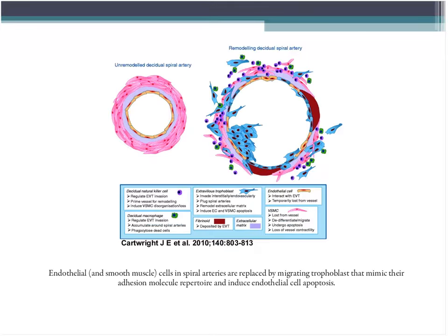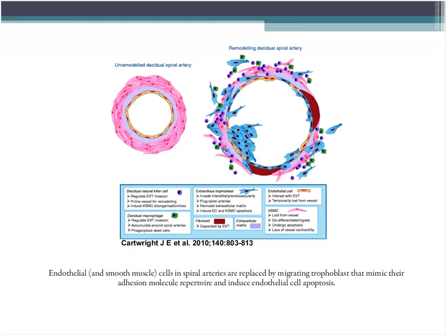So to just give you an idea about the cellular processes that are going on during this remodeling process. What we have here, the blue cells are trophoblasts, and these migrate down the arteries and actually mimic all the adhesion molecular repertoire of the endothelial cells. And this allows them to interdigitate into the endothelial cell layer around the edge of the artery.